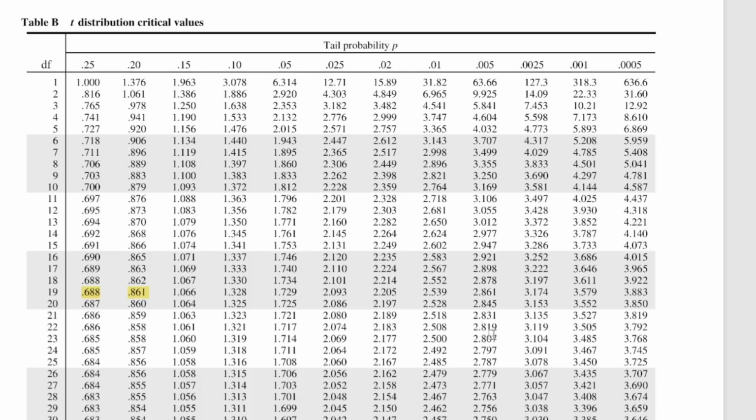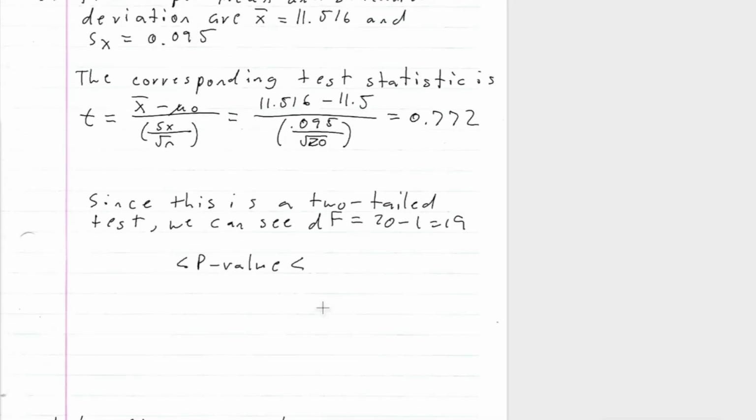So let's go back. But since this is a two-tailed test, we have to take into account the area of both sides, right? What the table tells us is only the area of one tail. So we need to do 2 times 0.20, and 2 times 0.25, since this is a two-tailed test.